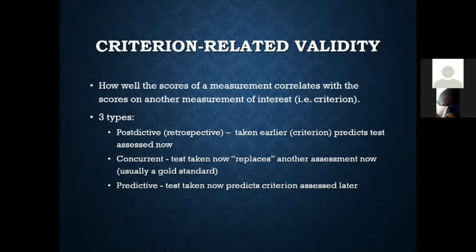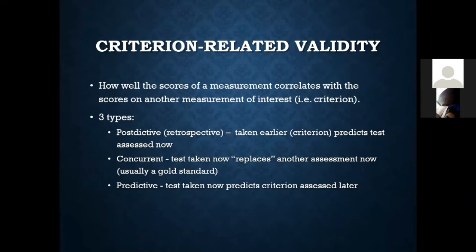I would like to design a questionnaire on functional level. So I did my study in January, but I cannot assess quality of life at the same time. I need to wait. Let's say for instance 3 months, and then I will take the measurement of quality of life on that same particular participants, and then I will see the correlation.